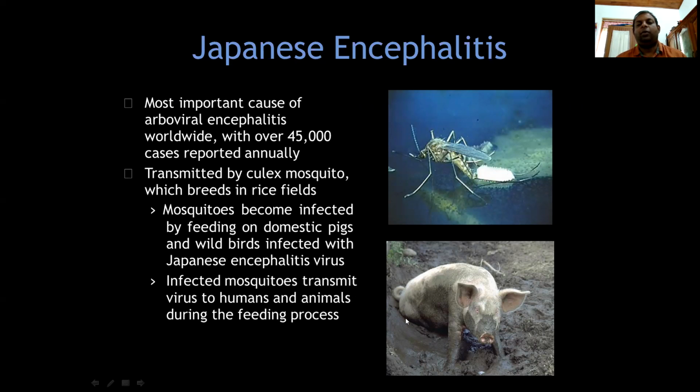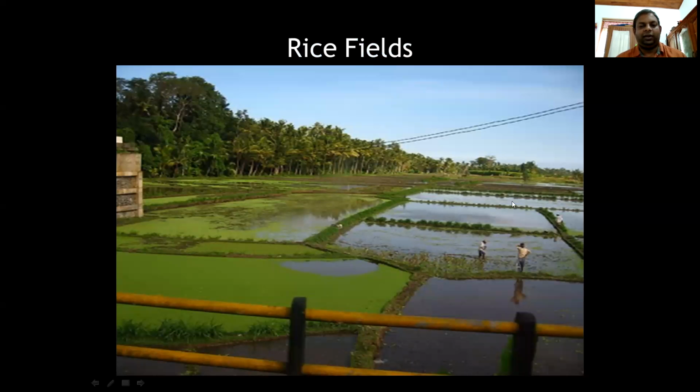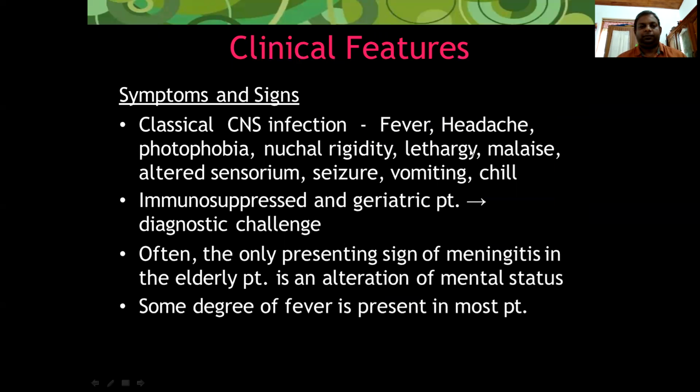So it's common in this part of the country, the northwestern and even North Central Province, just to give the idea. In our country, it's also associated with rice fields. The natural cycle is there, the amplifying cycle, that's why there's a peak. Then it comes where the Culex tritaeniorhynchus and pseudovishnui can infect humans.